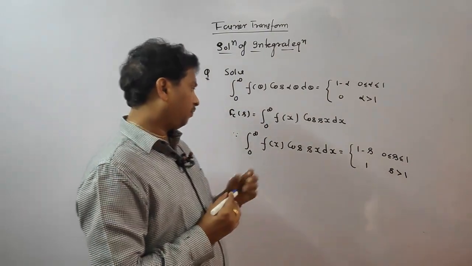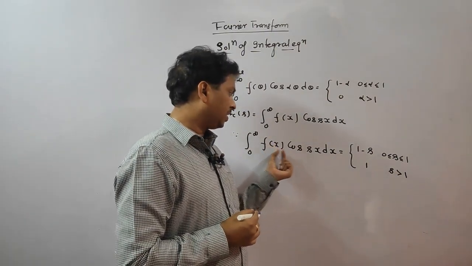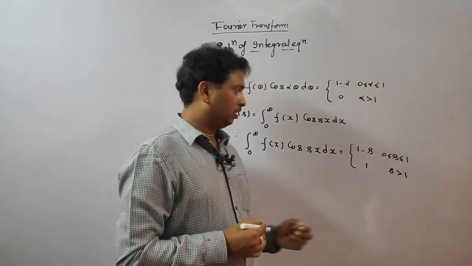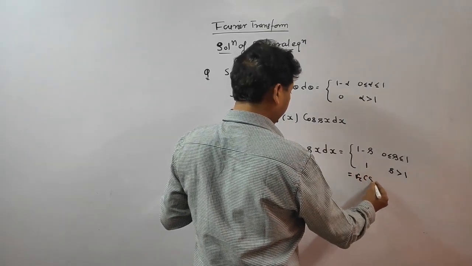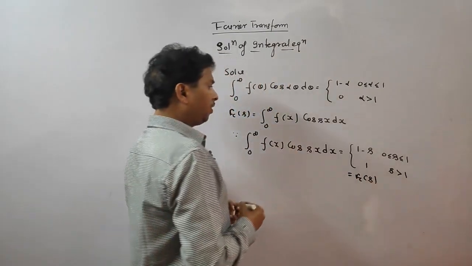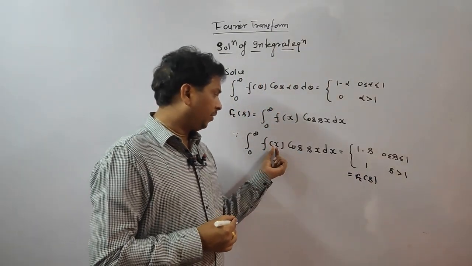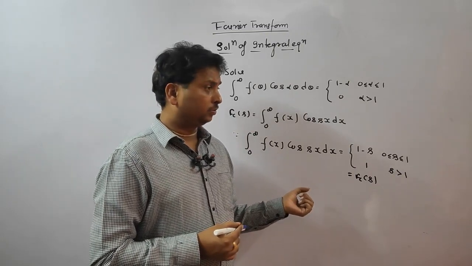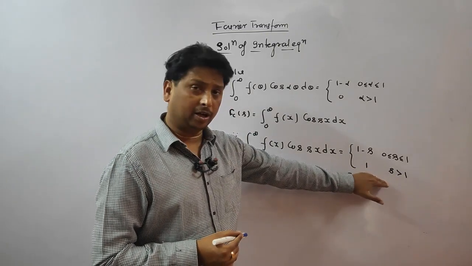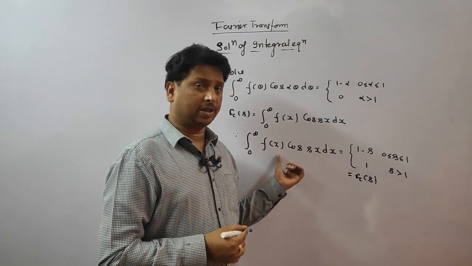Means the Fourier cosine transform of f(x) is given, this is Fc(s). Now our work is to calculate the f(x) value. When Fc(s) is given, how we calculate f(x)?